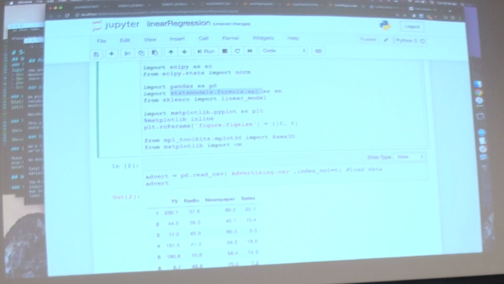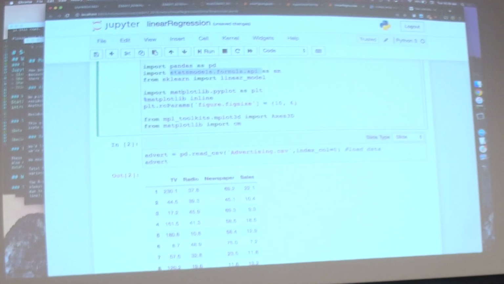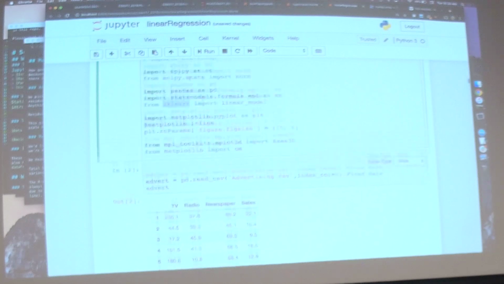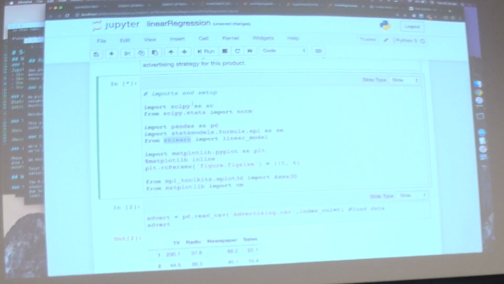Most of the good stuff from R has been added to Python packages. R is one of my least favorite languages. sklearn is scikit-learn. It's like a machine learning library that's, I don't know if it's part of SciPy or related or what.